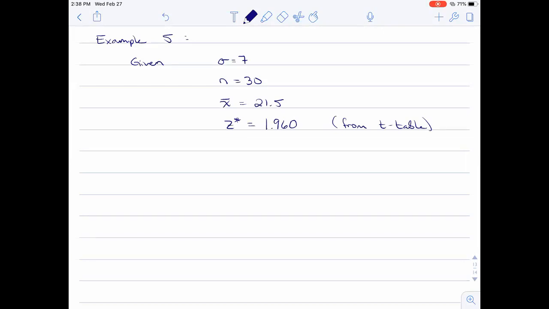But then the hypothesized mean was 25. Here's the thing though. Instead of scrolling because it can't handle it, X bar plus or minus Z star times sigma over root n is what we're trying to solve for. The only reason I didn't write down the mu is because we don't need it.